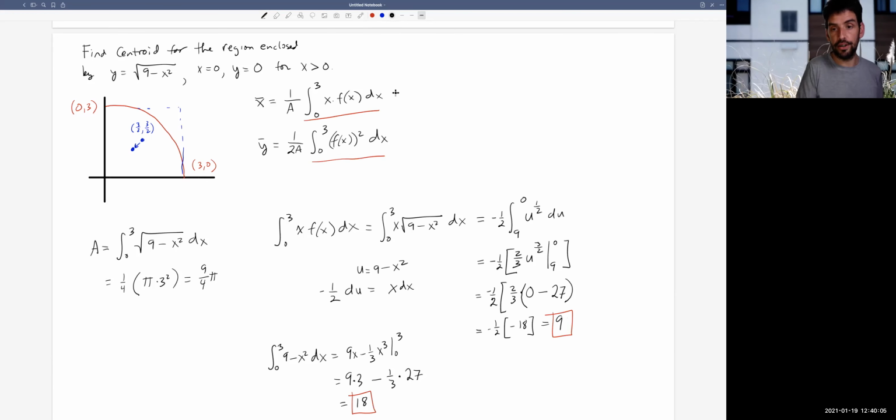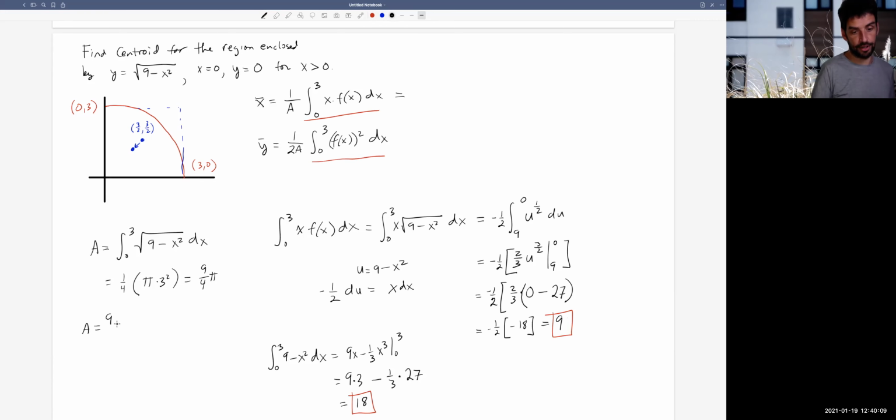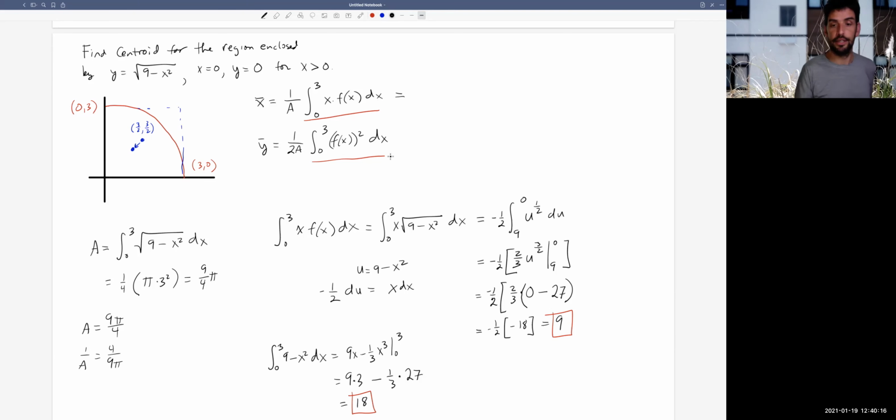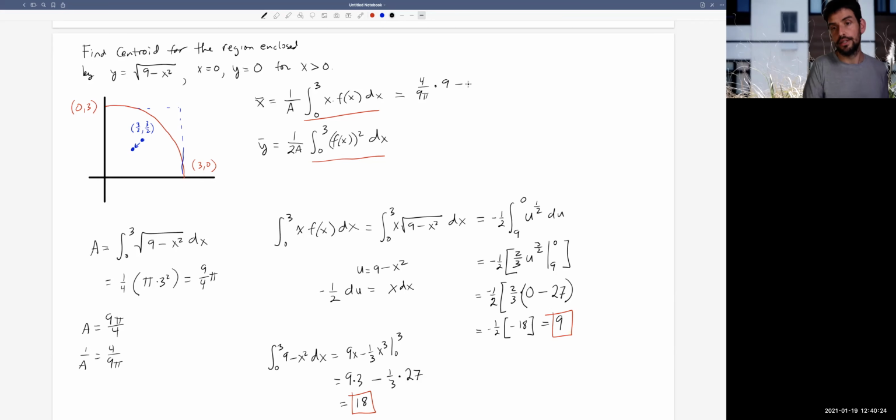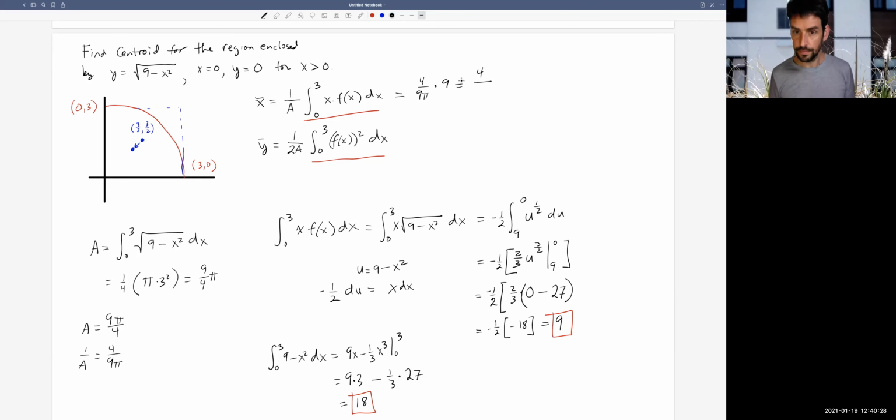So x bar is equal to 1 over a. In this case, a is, let's just write this as 9 pi over 4. So 1 over a is going to be 4 over 9 pi. So 4 over 9 pi times 9, or 4 over pi.